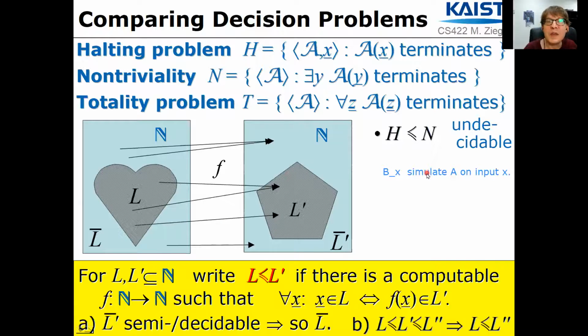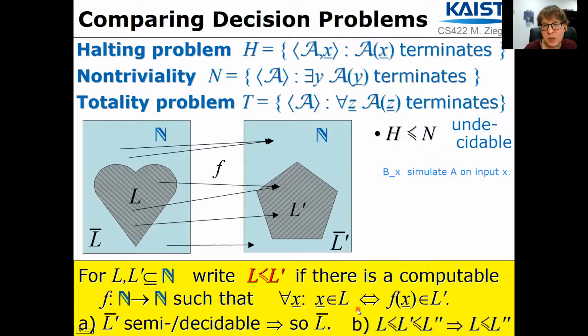So now we have described informally our translation function, a function which translates positive instances of the halting problem, algorithm A on input X terminates, to a new instance of the non-triviality problem, algorithm Bx terminates always on every input, and most importantly, negative instances of the halting problem, algorithm A on input X does not terminate, to a negative instance of the non-triviality problem, the algorithm B does not terminate on any input, which by contraposition is exactly the negation here.